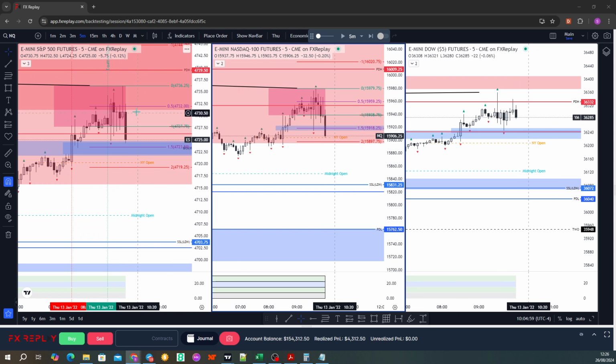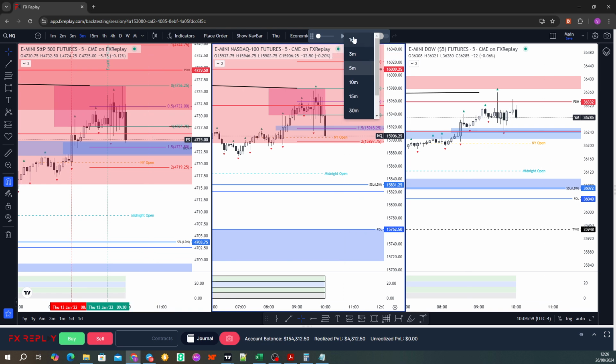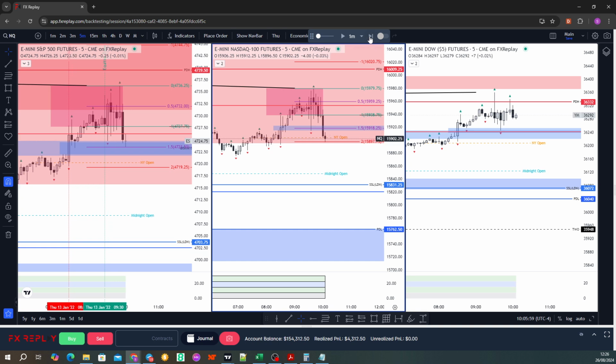But I haven't seen any M5 displacement. Now this could be the displacement candle. So the next candle, change that to 1 minute, is going to be important, right? I want to see the candle close. Okay.